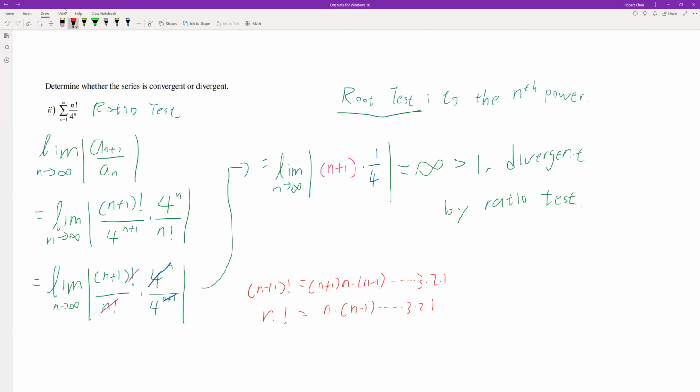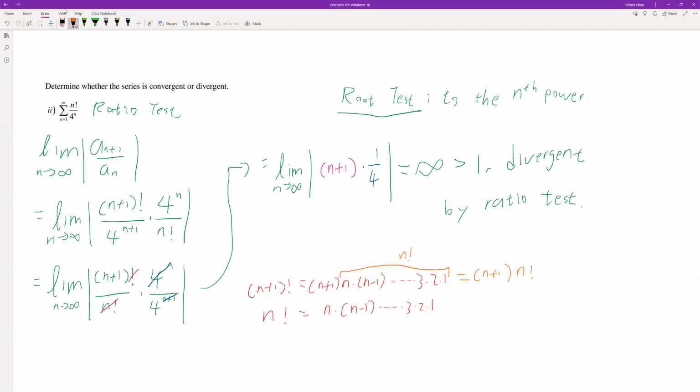So we actually have n factorial in there, and (n plus 1) factorial can be written as (n plus 1) times n factorial. When we simplify, we can divide out the n factorial, leaving the extra (n plus 1) term in the numerator. Here is another reason why it's good to use the ratio test when you have a factorial: this type of simplifying happens, where that one extra term makes a difference.